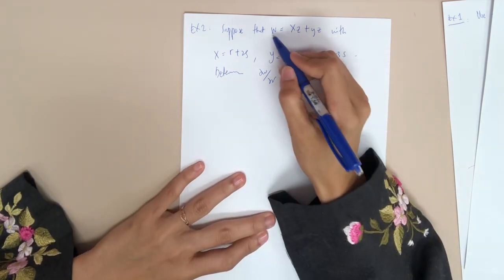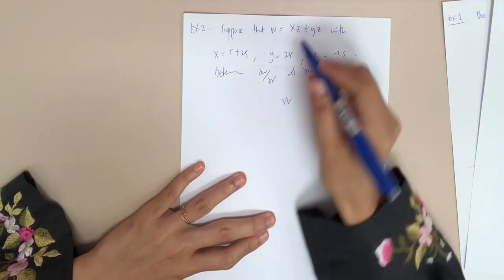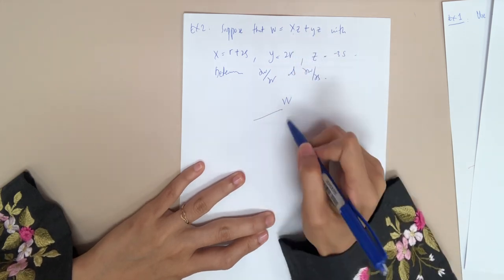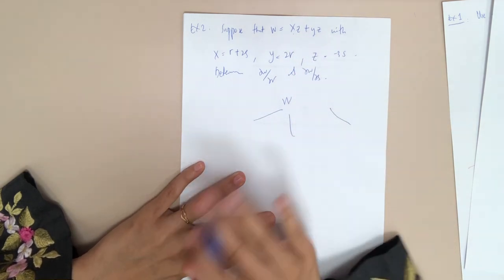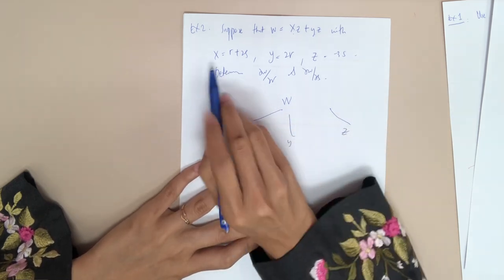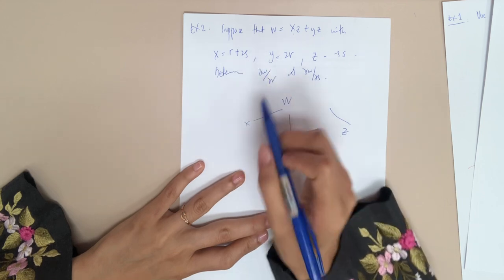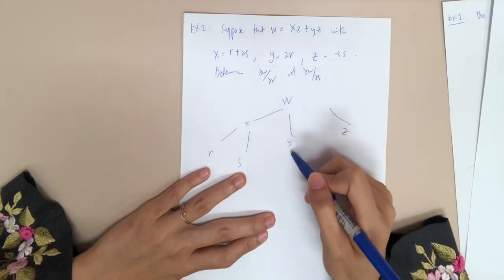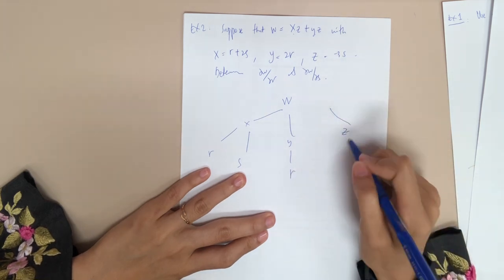Okay, so we start with w, and then inside w we have x, y, z. Means that we will have three lines or three variables, x, y, z. Now for x they have r and s, and for y they have only r, for z they have only s.